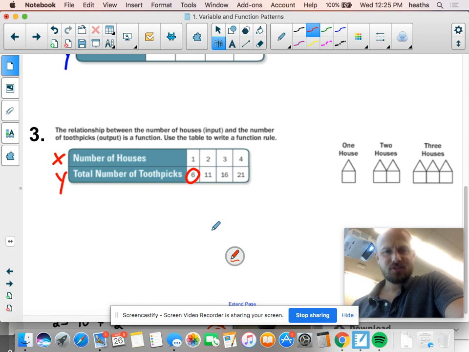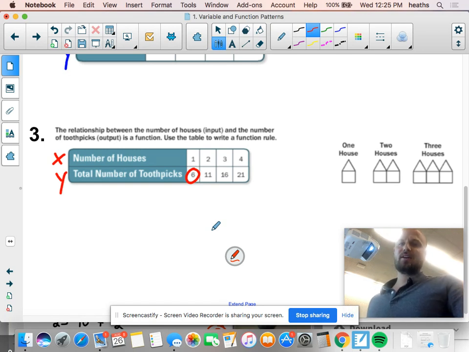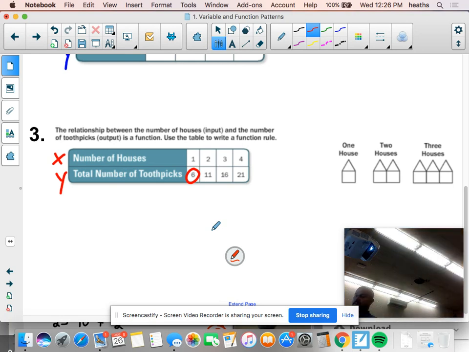Okay, so just to show it to you, if we look up here at these little stick figure houses, notice that the first house has 1, 2, 3, 4, 5, 6 toothpicks, right? But the second house only has 5, and I'll show it. So this is our first house, right?